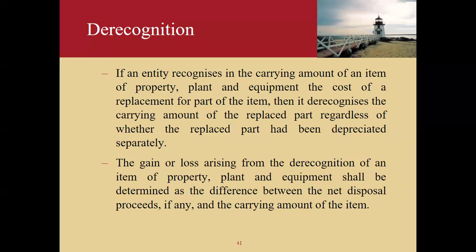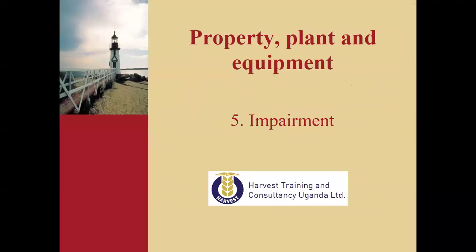So basically, like we've seen throughout the session, these items have carrying amounts. So at the time of disposing of the asset or derecognizing, the difference between the proceeds we get from that asset and the carrying amount will either give us a loss or gain on disposal.